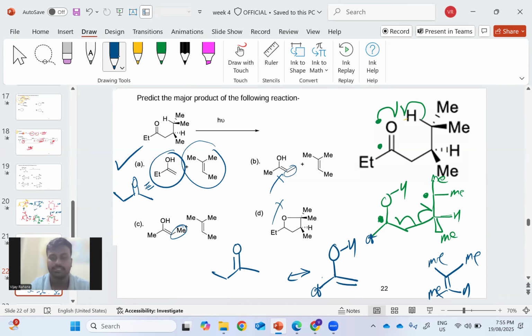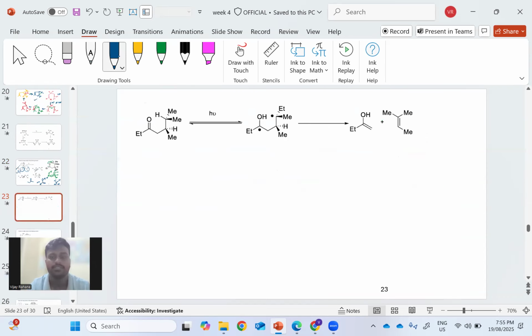And if you want a detailed mechanism, here is the mechanism. It is also the same that I have shown. So once it forms a radical, here radical, then again hydrogen transfer and the radical on the carbonyl center here. So this radical, what happens? This radical goes here.